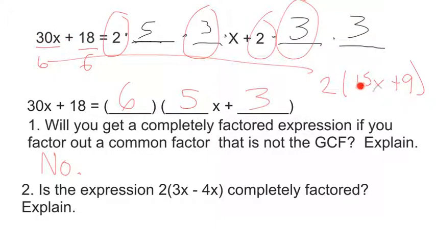If I do the 15 times 2 and the 9 times 2, I do end up getting the 30x plus 18. But is this completely factored? No, because there's still a common factor between the 15 and the 9 of what? 3. So it wouldn't be completely factored unless you factor out the GCF. So will you get a completely factored expression if you factor out a common factor that is not the GCF? No.